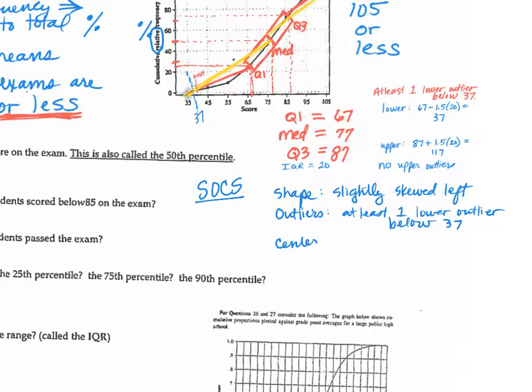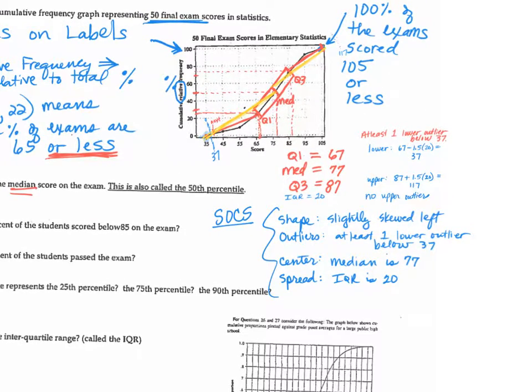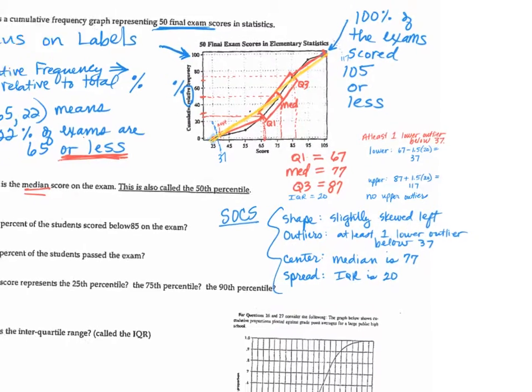Center. What is the best description of center for this? Median is 77. And what's the last S? Spread. What is the descriptor of spread for my problem here? IQR is 20. So look at how much information you can get from that one picture. That's a lot of information. We can describe the whole distribution from that.